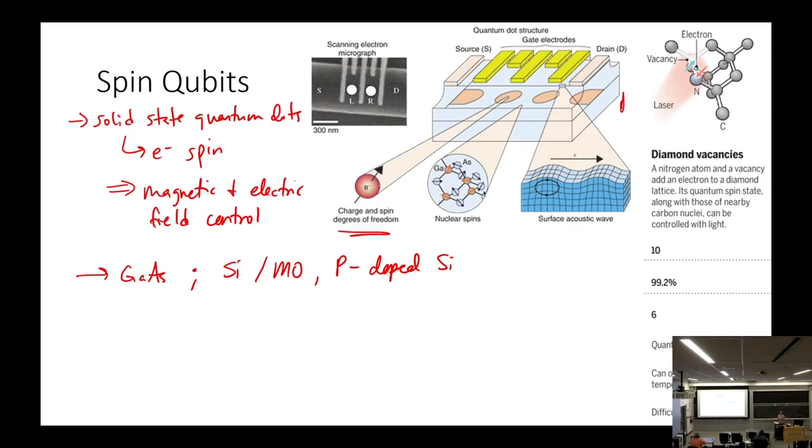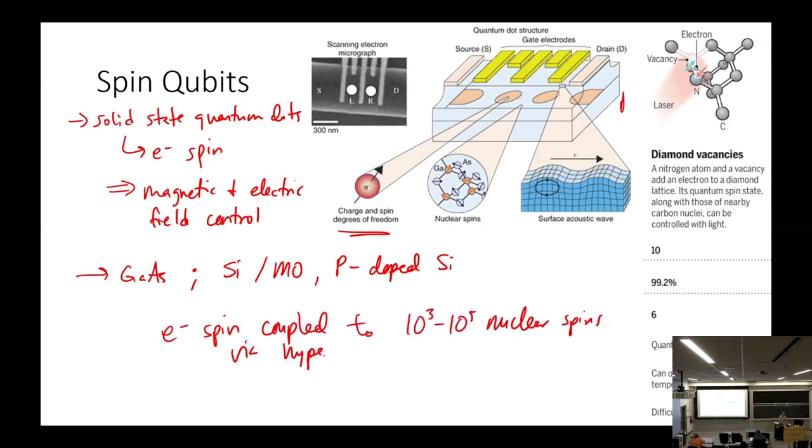Solid-state quantum dots are typically described by a central spin of a single charge, coupled to 10 to the third to 10 to the fifth nuclear spins via some kind of hyperfine interaction. So the electron spin is coupled to a large number of nuclear spins, and this ends up looking a lot like the atomic clock model that we talked about in the first part of the week.